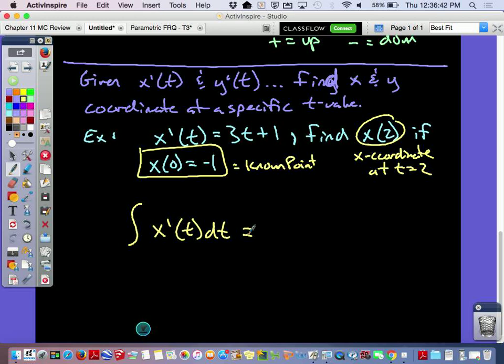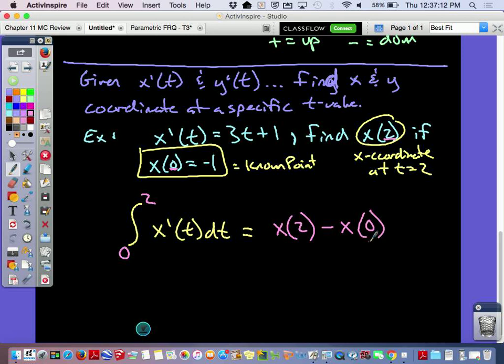I'm going to set up a definite integral instead of an indefinite integral. You'll notice we've got these two t values, 0 and 2. I'm going to make those my endpoints. Then when I do this definite integral, I take the antiderivative of x prime of t, which is x of 2 minus x of 0.